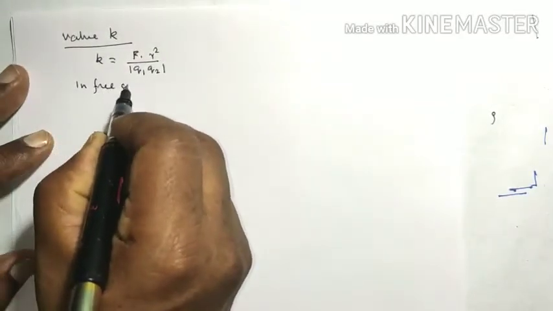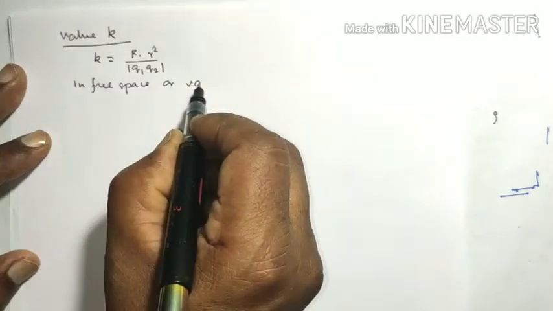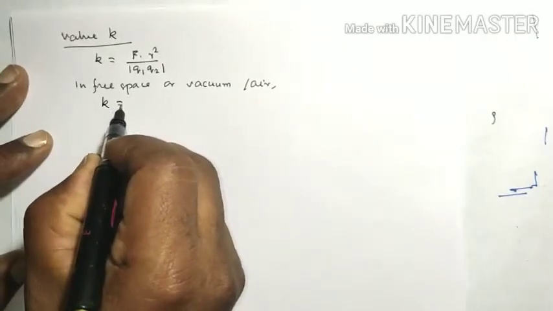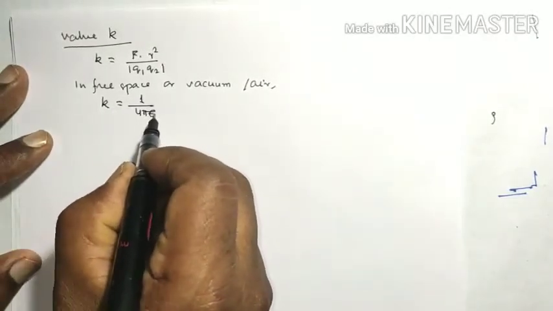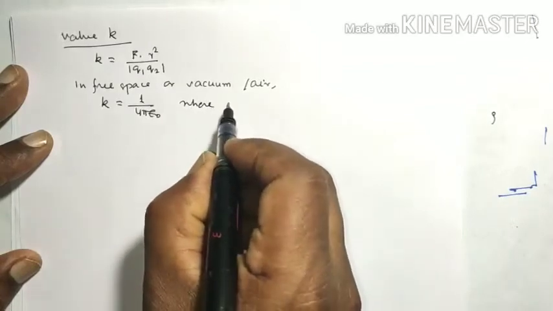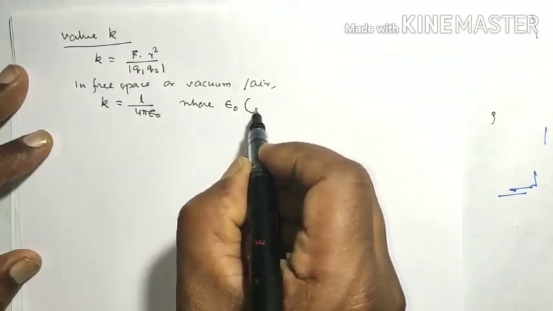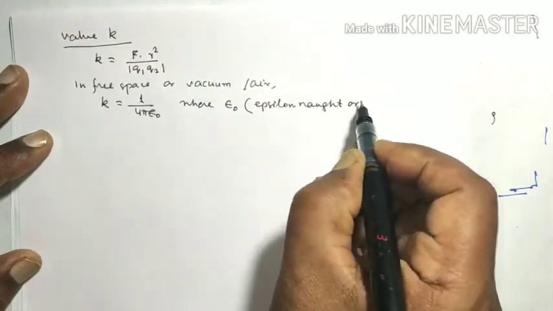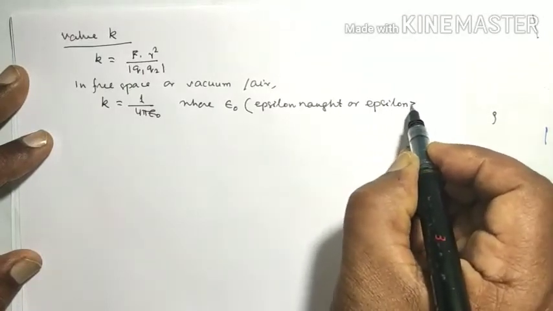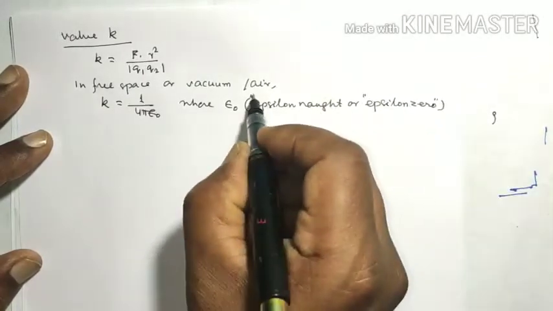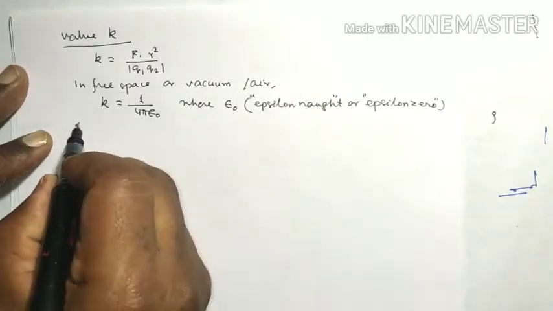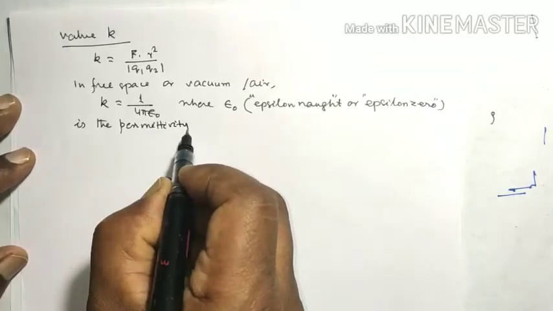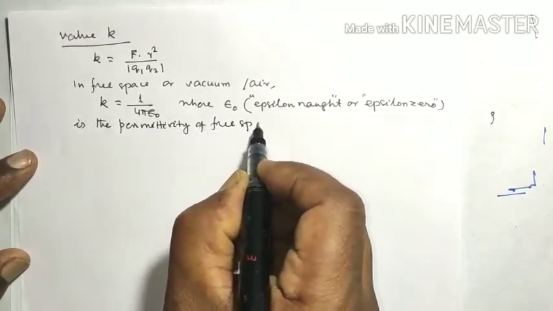In free space or vacuum or air, K can be written as 1 by 4 pi epsilon naught, where epsilon naught, pronounced as epsilon naught or epsilon 0, is the permittivity of free space.